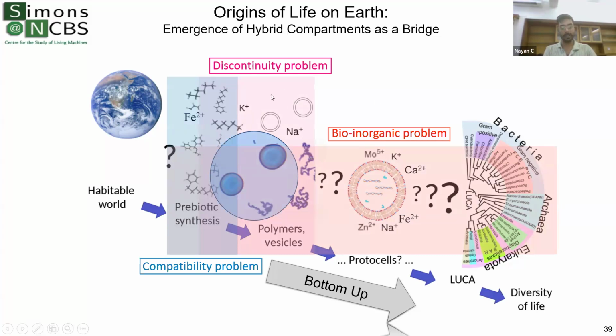And it also is a step towards the discontinuity problem, because starting from just a featureless solution, we get simultaneous synthesis of a chemical reaction network and a compartment and a feedback between the two, which then complexifies both the compartment and the chemical reaction network. So simultaneous synthesis of the reaction network and also the boundary, which is the discontinuity problem.